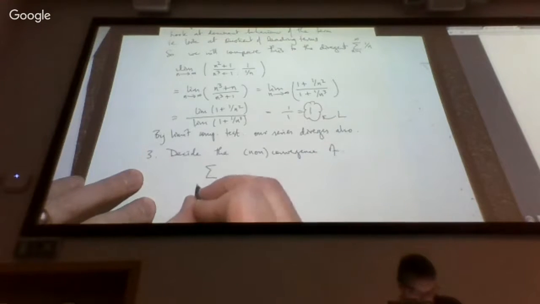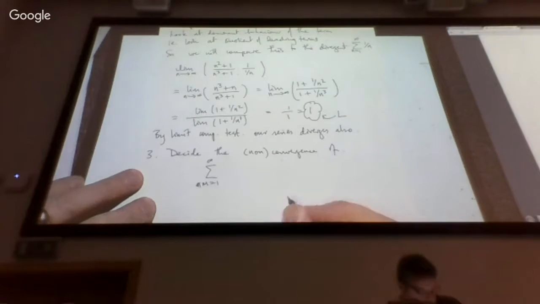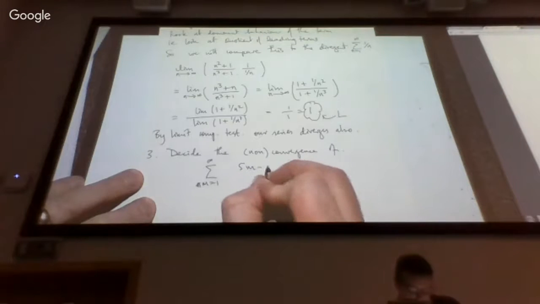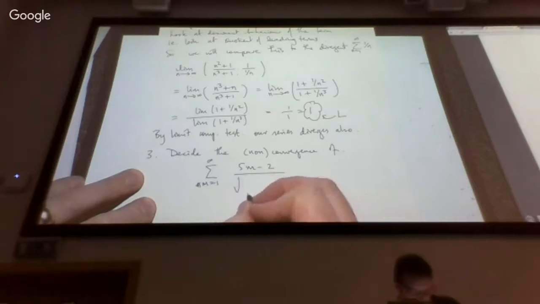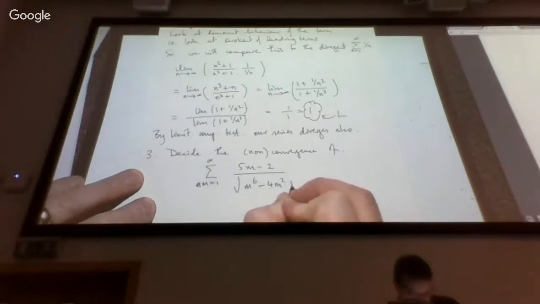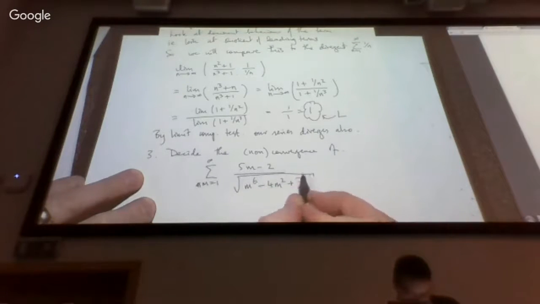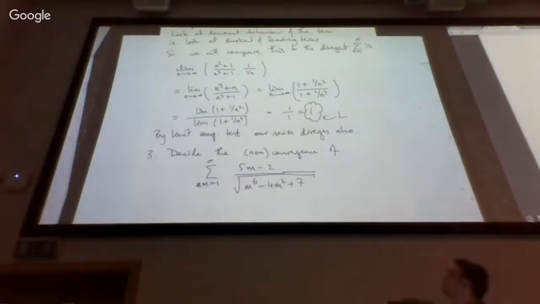So this is the sum from, well, let's change the letter for the hell of it, m equals 1 to infinity, 5m minus 2 over the square root of m to the power 6 minus 4m squared plus 7. Something like this.